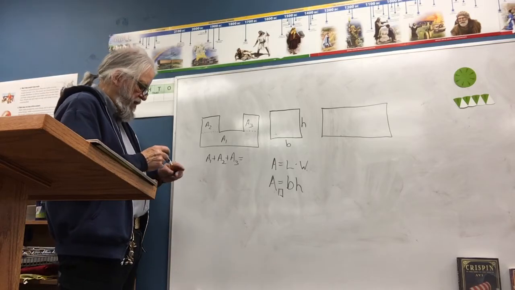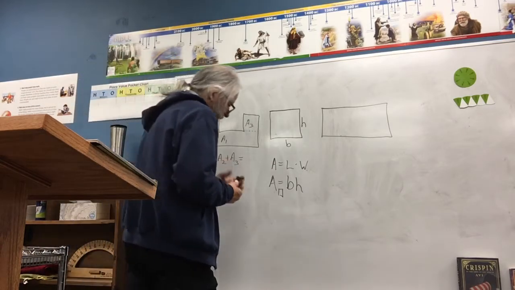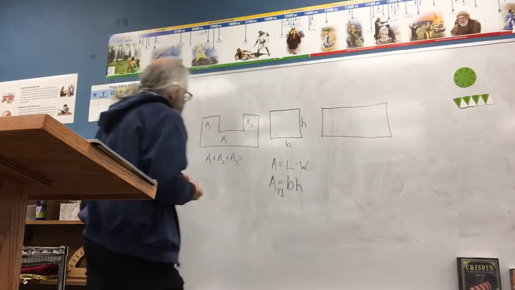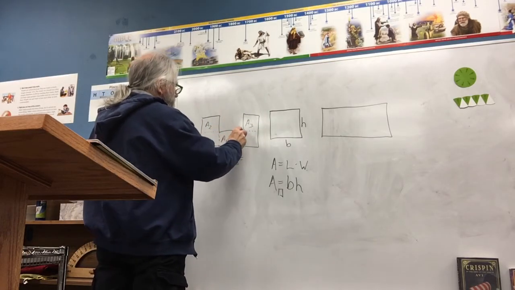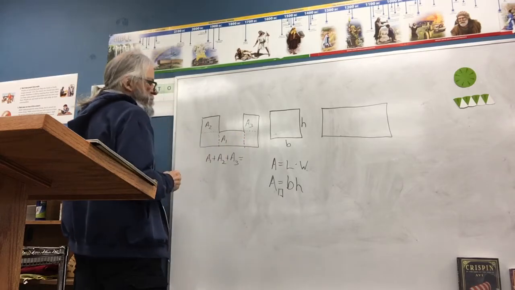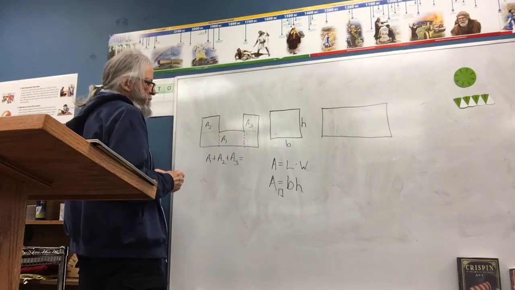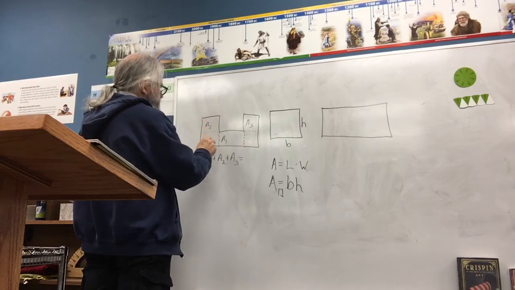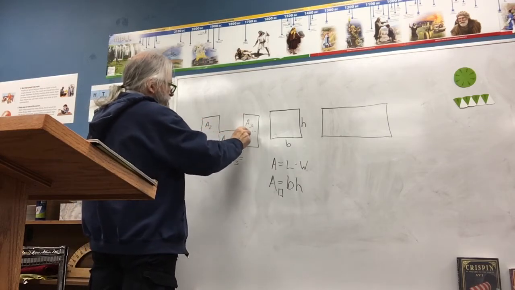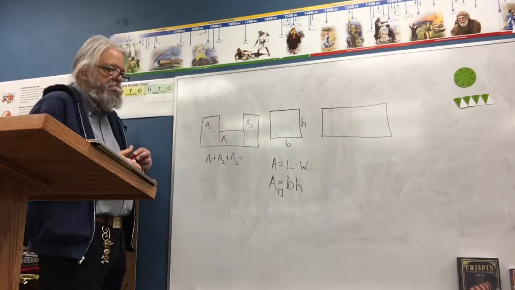Now, some of you might recognize that you might want to divide it that way. It really doesn't matter. Then your area would be of this section and this section added together. Doesn't matter.